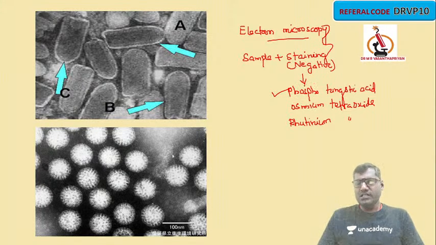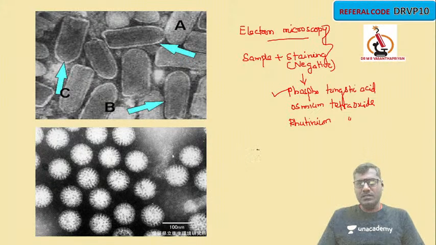The phosphotungstic acid stains the sample. After staining the sample, we demonstrate the viruses under the electron microscope. So the microbial agent is demonstrated by electron microscopy, very simple.